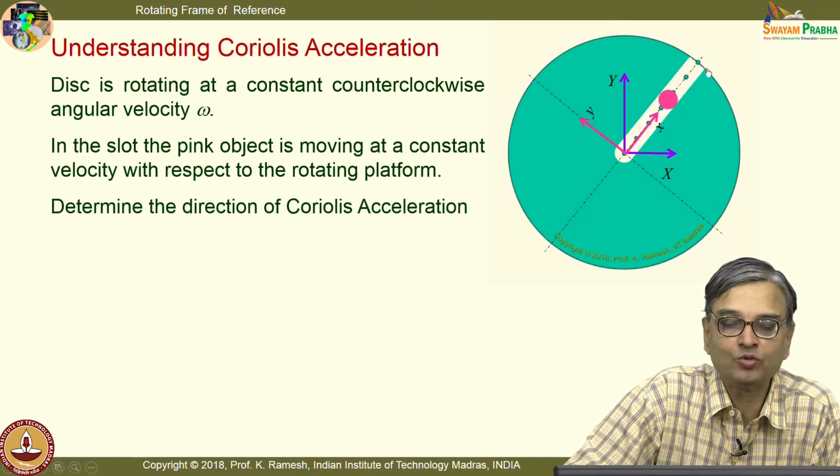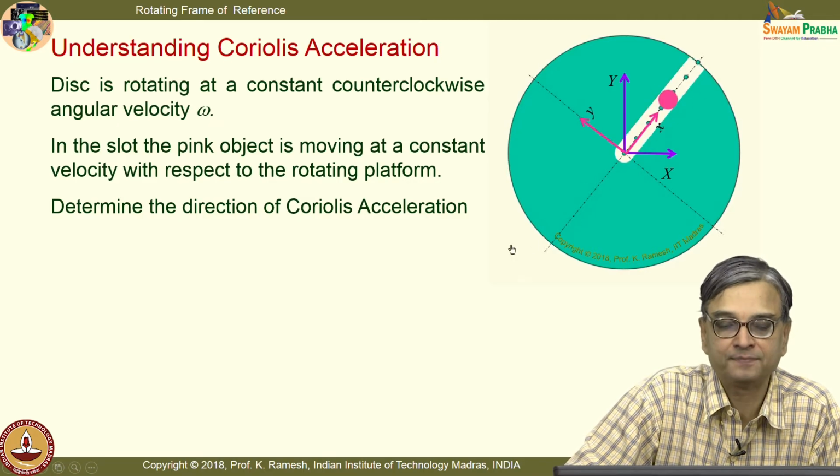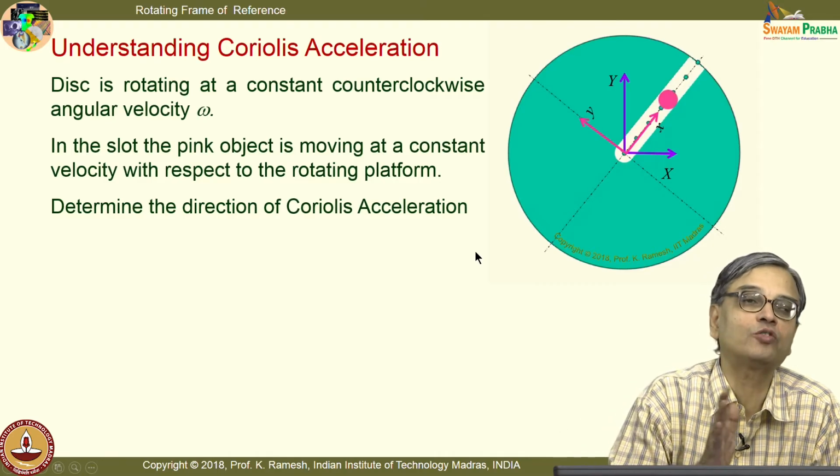And what we are going to do is understand it from first principles, so that we make the problem very simple, knock off several terms and just focus on the Coriolis acceleration.